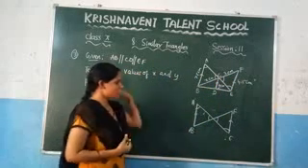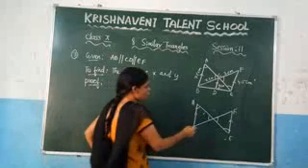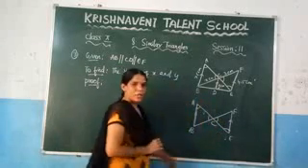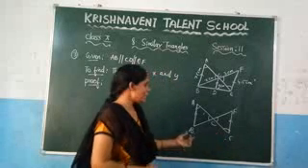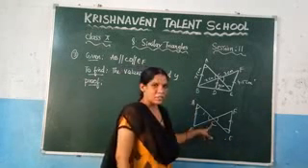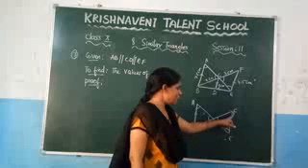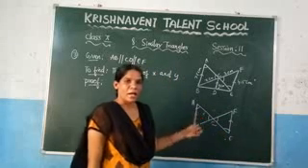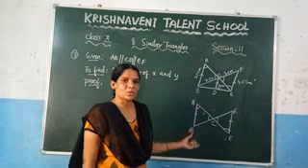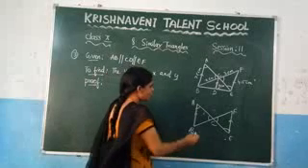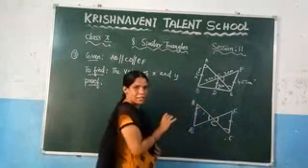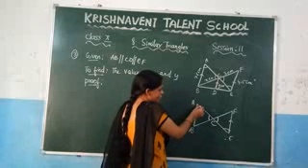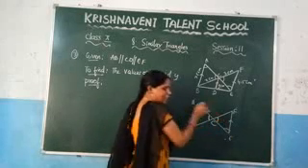Now you can observe that this point is nothing but C, and here two triangles are there. Those triangles are ABC, which is one triangle, and ECF, which is one more triangle. In these two triangles, this angle is equal to this angle, and similarly this angle is equal to this angle.